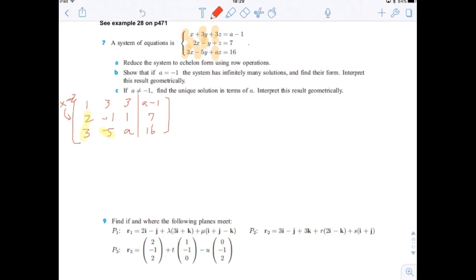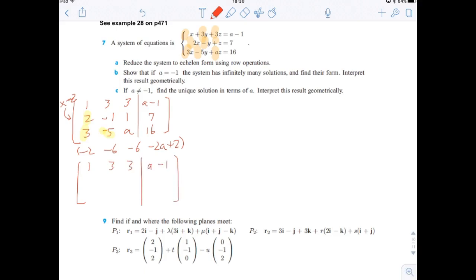So let's take the top row and multiply it by -2. We're going to get -2, -6, -6, and -2a plus 2. And then we're going to add it to the second row. So we are going to leave the top row the same: 1, 3, 3, and a minus 1.